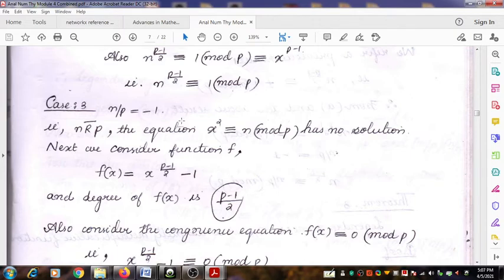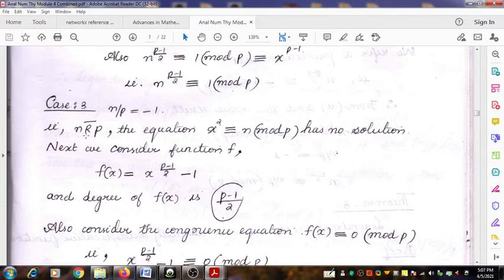We just assume that. That means n is not a quadratic residue mod p, so n is a quadratic non-residue mod p. Therefore the equation x square is congruent to n mod p has no solution in this case.